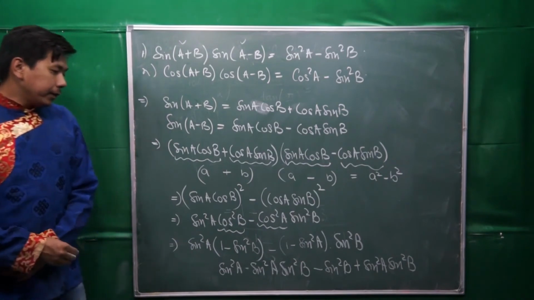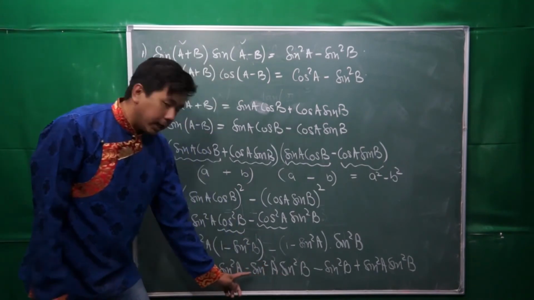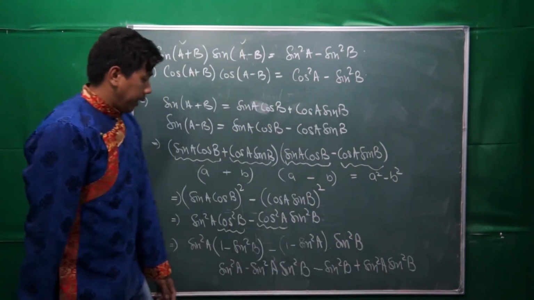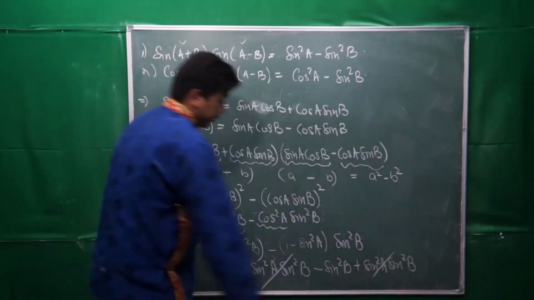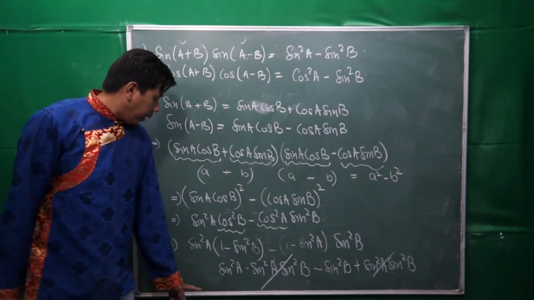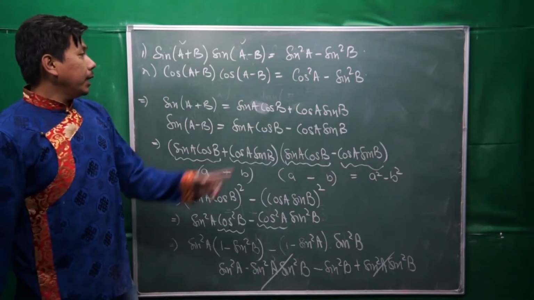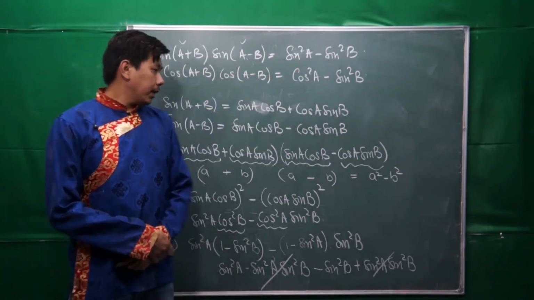Now, looking further, you can see two like terms, sin²a sin²b in negative form, and then in positive form sin²a sin²b. We shall cancel them up. What is left is what is required, which is sin²a minus sin²b, as the formula states. Clear?